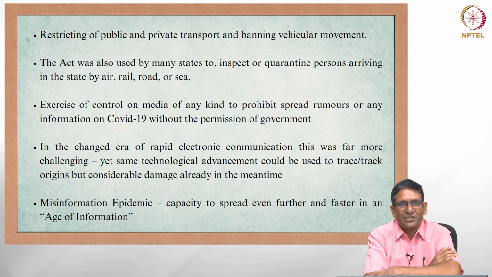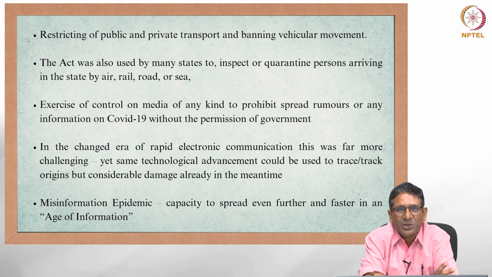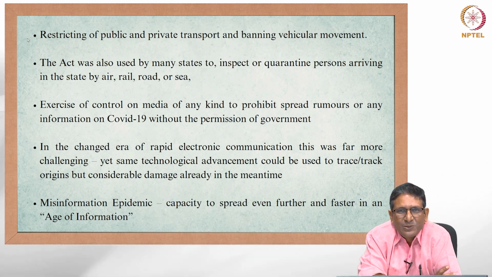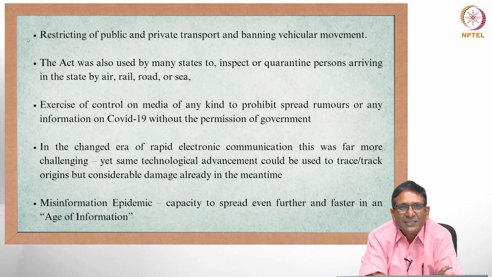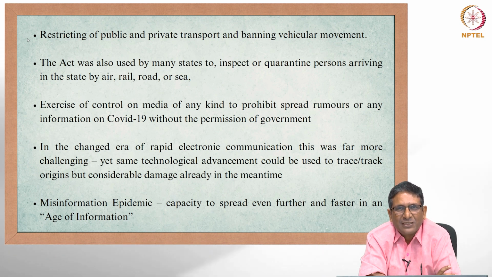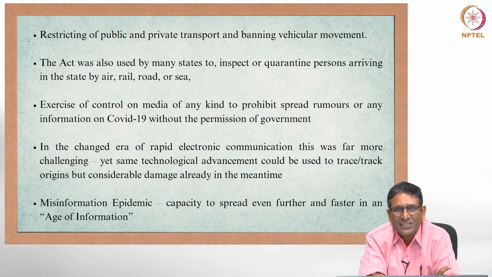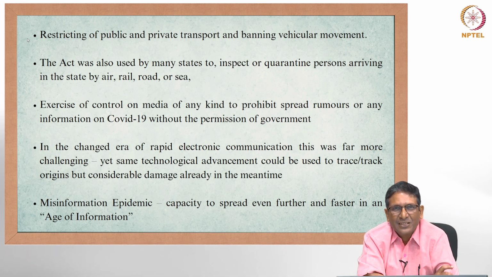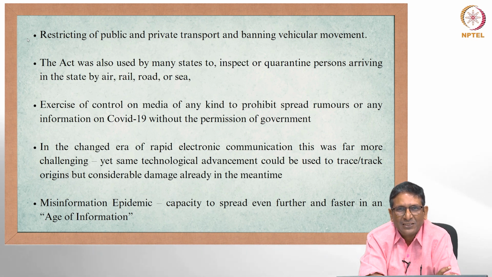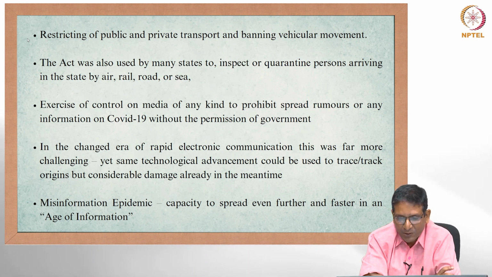In this case, the state could exercise control on the media to basically ensure that only the right kind of information is given, and all kinds of information not approved by the state or proper health agencies like the World Health Organization do not get into the information flow, or rumors are not spread.